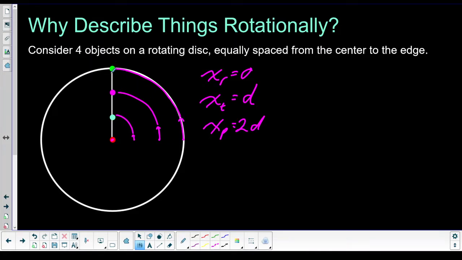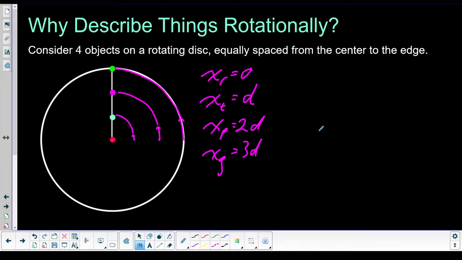And then this green dot here is even farther, maybe 3D if geometry works or something. But then we'd have to know the radius, and you know what I mean? It's getting kind of difficult to measure these things.